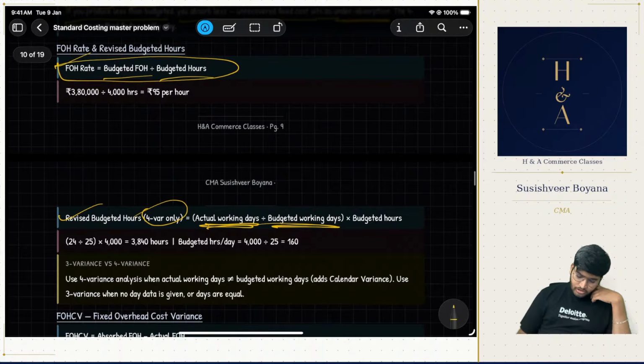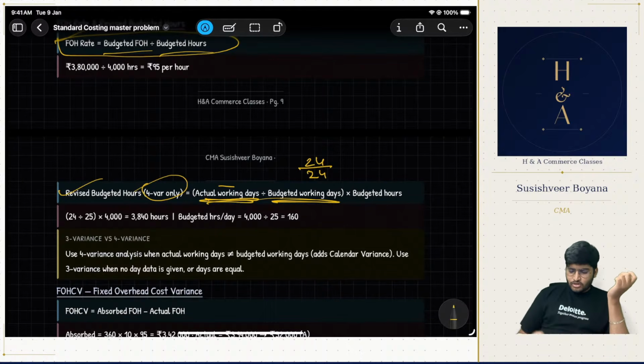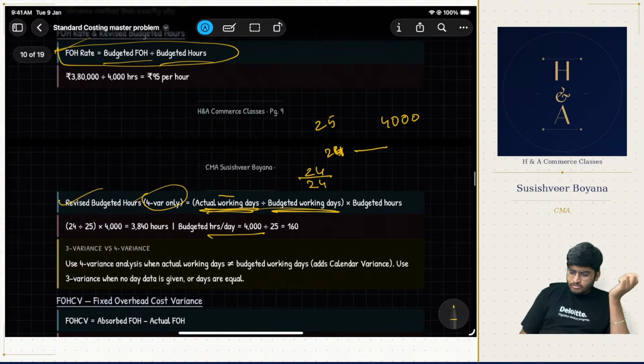So when I'm talking about actual working days being 24, but my budgeted days being 25, don't you think the number of budgeted hours, what are the budgeted hours given? 4,000 budgeted hours are given, right? For how many days? 25 days. But how many are my actual? When I'm talking about budget, based on the actual working days, how much should the budget be?